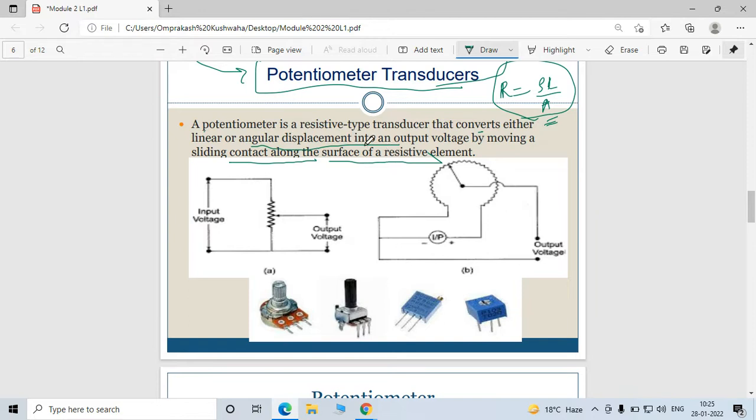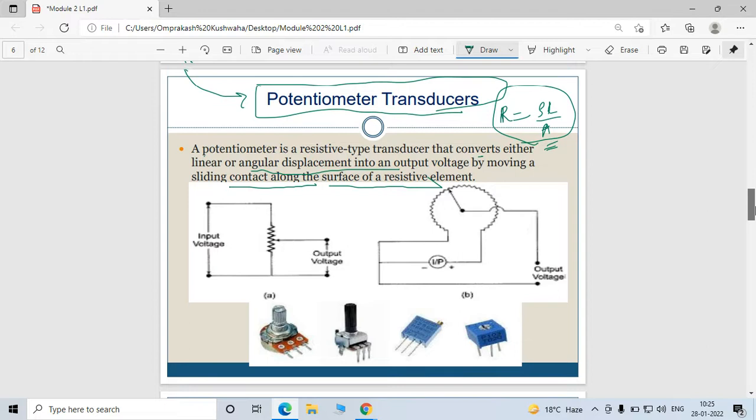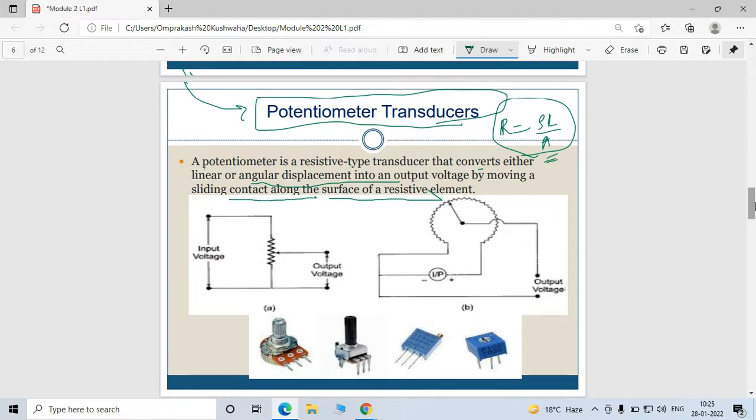So one question in your mind is, in our laboratory voltmeters are already there, so why are we going to this potentiometer? We already covered the voltmeter and ammeter, and we saw their internal structure.